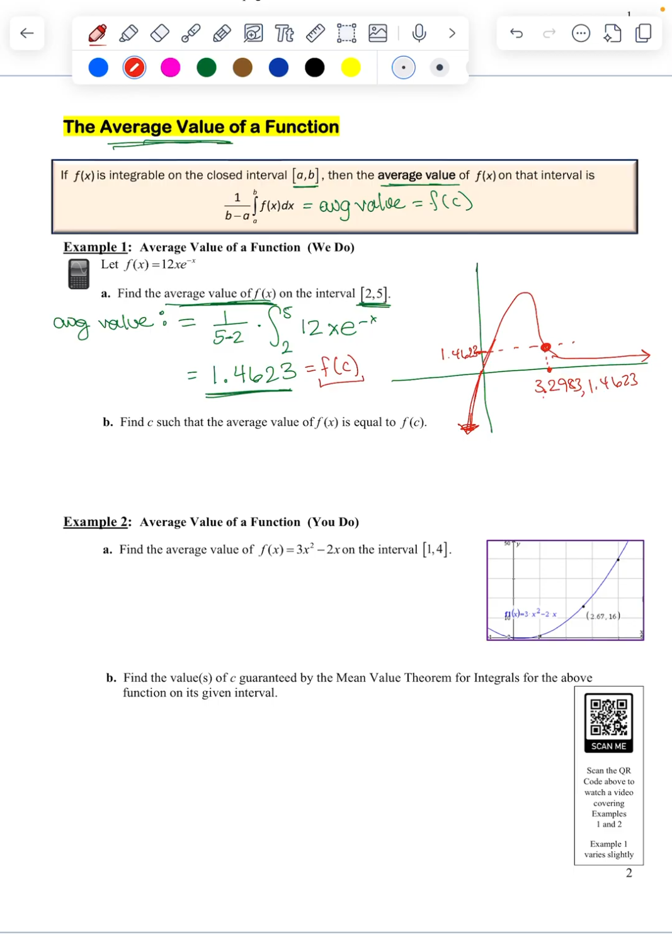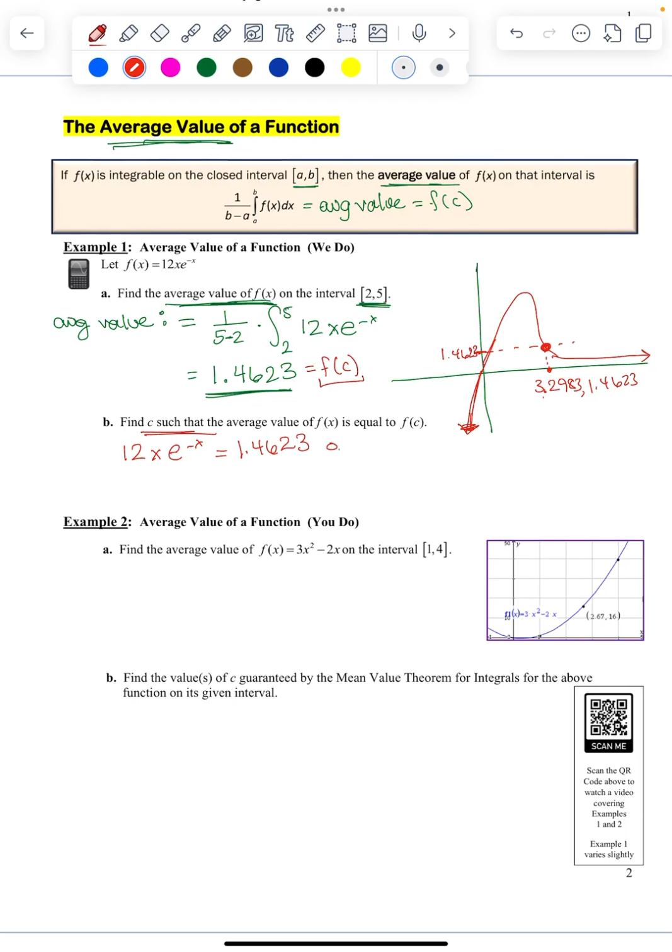So how do we find c such that the average value is equal to f of c? Well, I know that for 12x e to the negative x, the average value of that function from 2 to 5 is 1.4623.